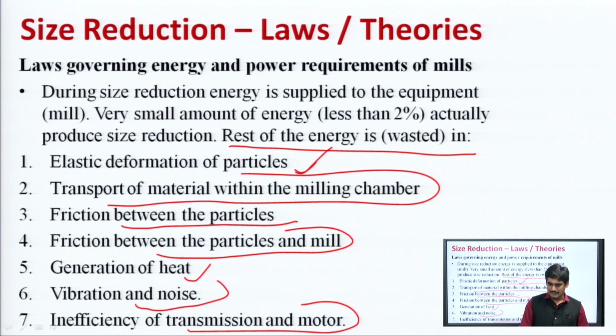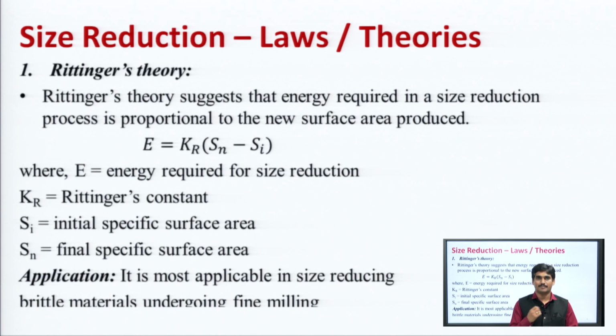So, due to these things, most of the energy, that is 98% energy, is wasted. Actually, we are using less than 2% of energy for the size reduction process in a mill, or in the different mechanisms by which we go for size reduction.